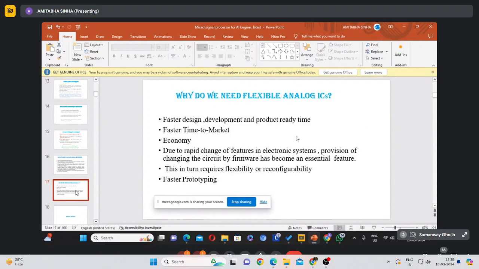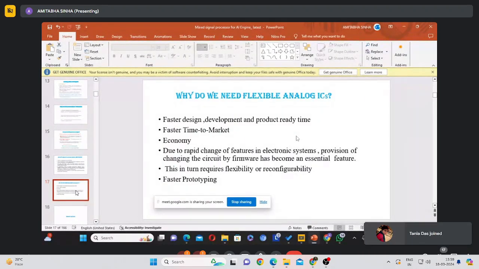So why do we need flexible analog ICs? Or really do we require? As we have discussed that faster design, development, and product ready time, this is required. So whether it's analog or digital, flexibility is very important because of the faster time to market economy. And due to rapid change of features in electronic systems, provision of changing the circuit by firmware has become an essential feature.